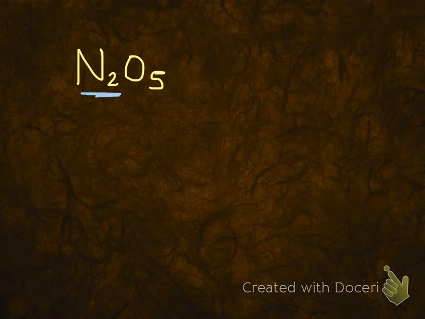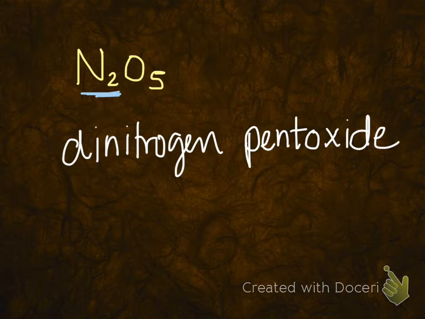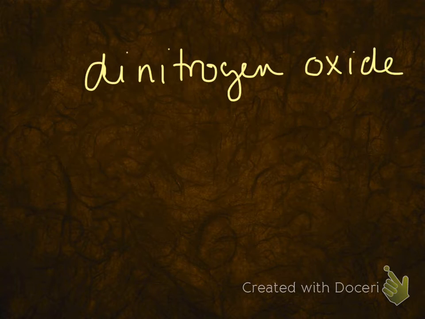Because there is, in fact, a subscript on the first element in this compound, the nitrogen gets a prefix meaning 2, dinitrogen, and there are 5 oxygens. So what's the prefix for 5? Penta. Just like we did with mono, when using penta with oxygen, we put pentoxide, dropping that extra A and letting the O carry that syllable.